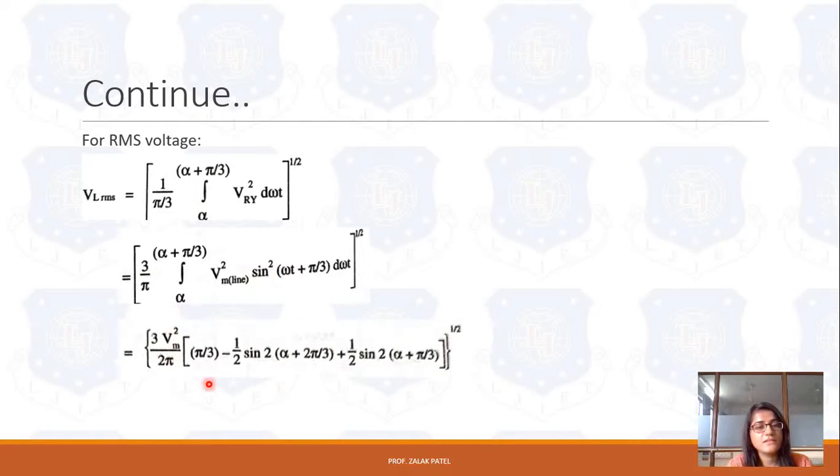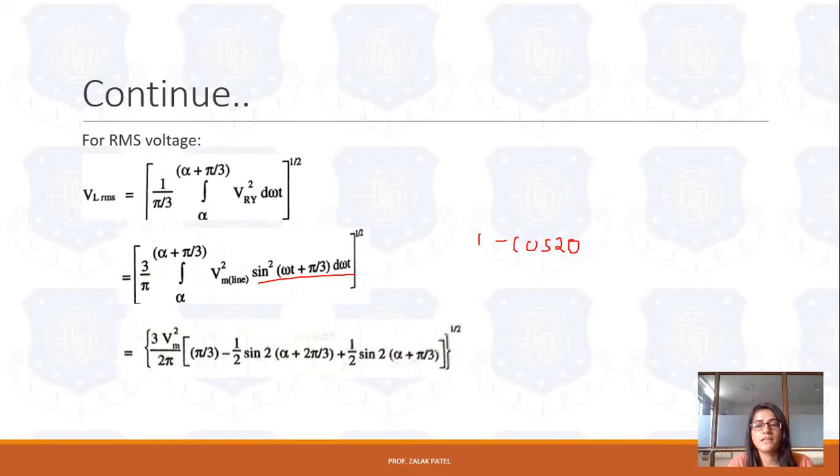If we integrate this, it is actually an equation like this: 1 minus cos 2 theta.